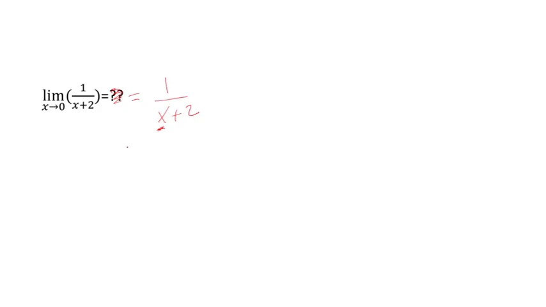Then wherever you see x, you just replace it with 0. So this is equal to 1 over 0 plus 2. So 1 over 0 plus 2 is just 1 over 2, so it's 1/2. So basically that's the solution.